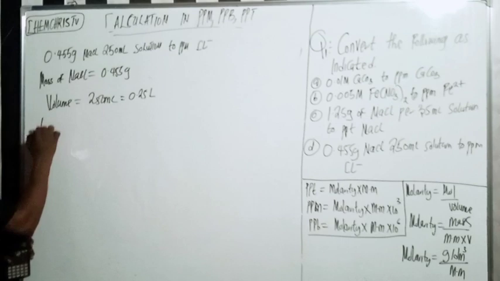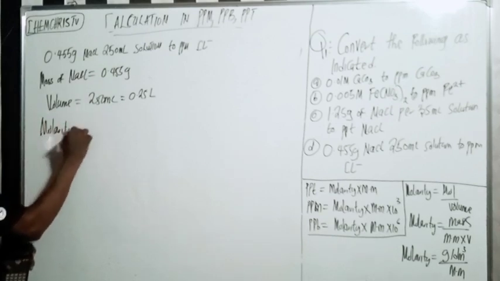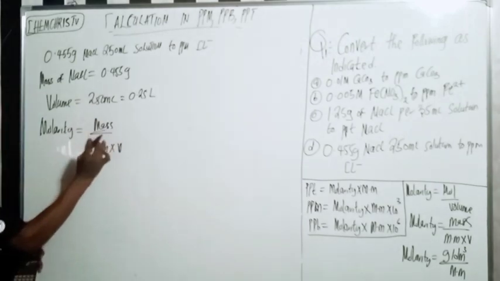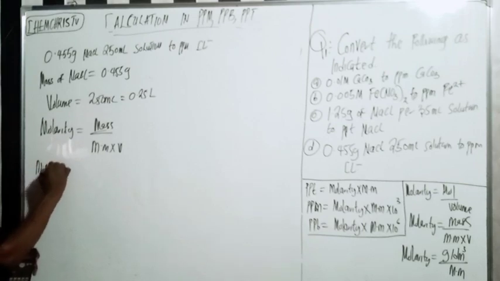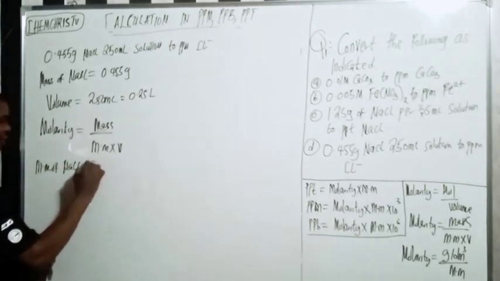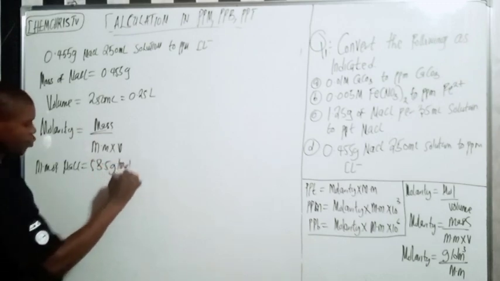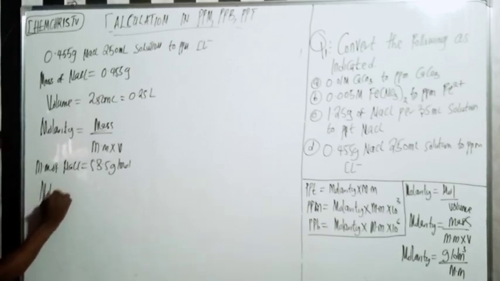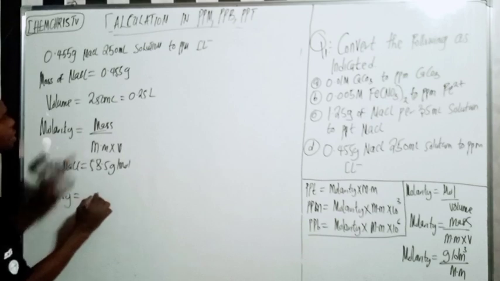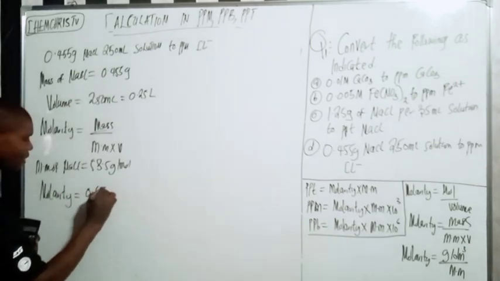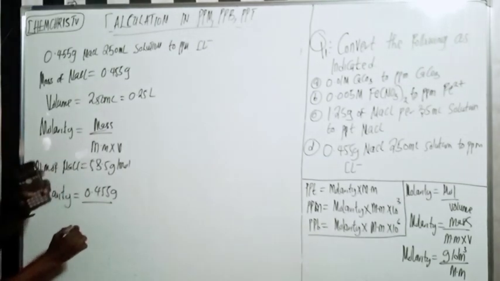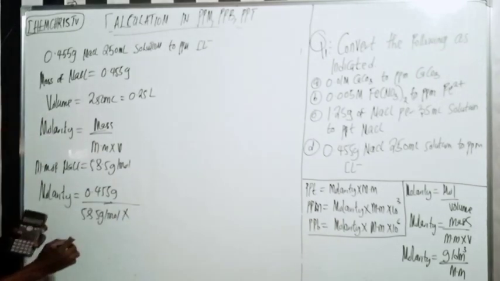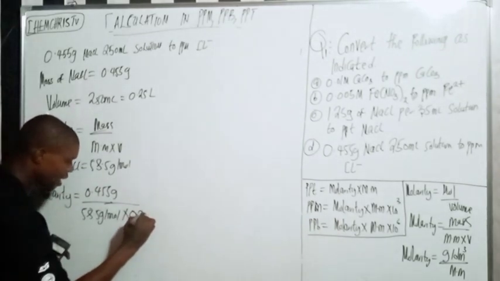Now remember, molarity equals mass over molar mass times volume, right? My molar mass of sodium chloride is 58.5 gram per mole, which I've already calculated. So you just have to input your values here. Molarity is equal to mass, 0.455 gram, over 58.5 gram per mole times the volume, 0.25 liter.